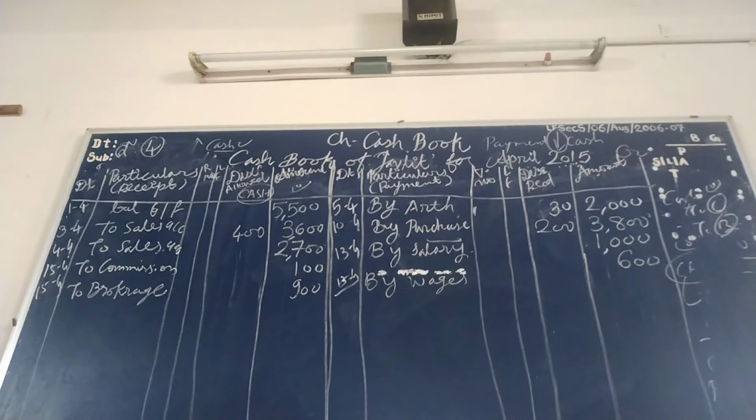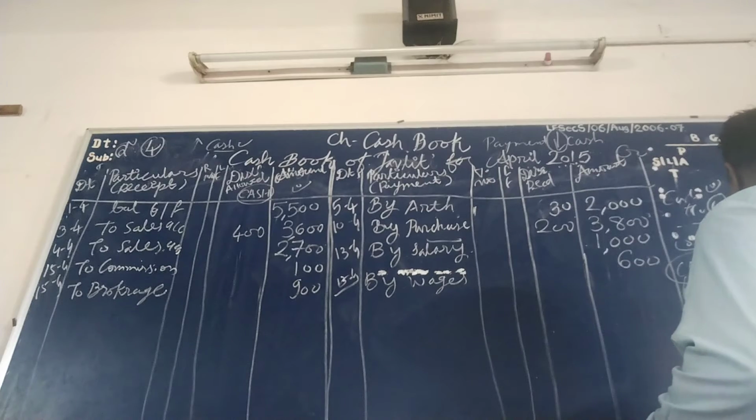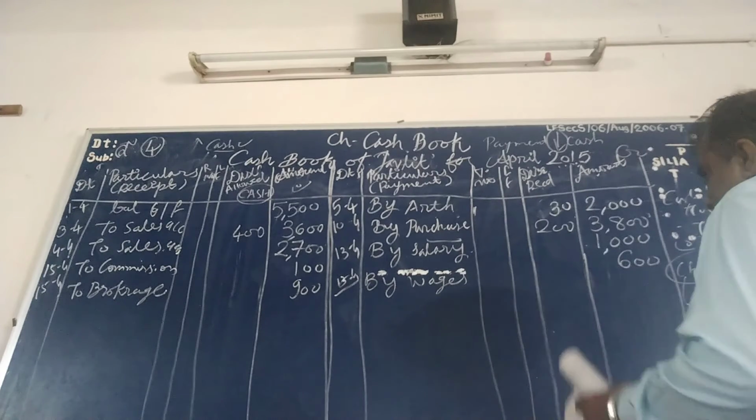Means we have received the discount of 20 rupees. 1420 minus 1400, so it is of 20.